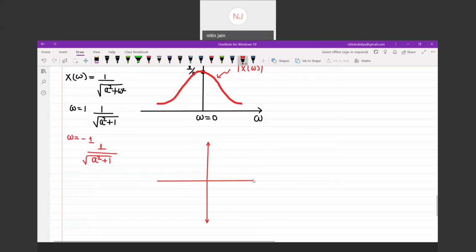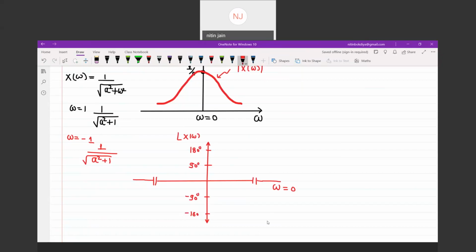Let's say this is omega and this is angle of X of omega. So this is 90°, this is 180°, this is -90°, this is -180°.